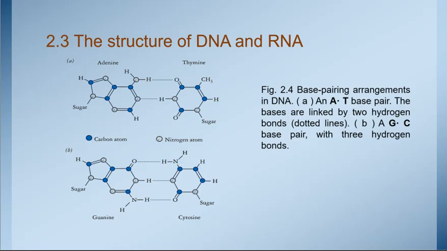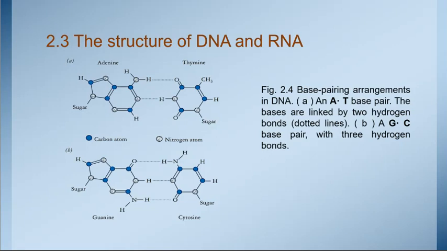This has important consequences for the structure, function, and manipulation of nucleic acids. In a double-stranded molecule such as DNA, the sugar phosphate chains are found in an antiparallel arrangement, with the two strands running in different directions.